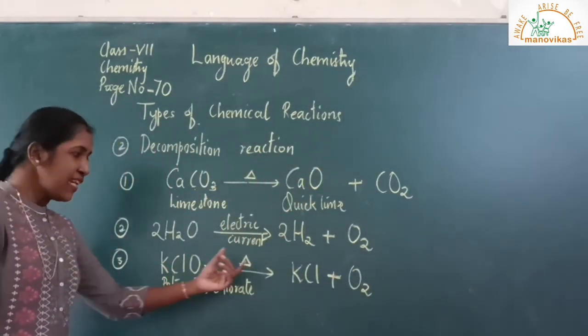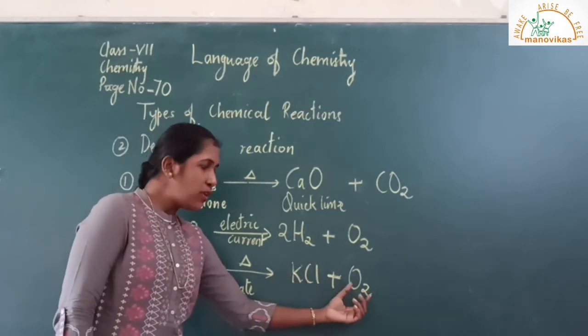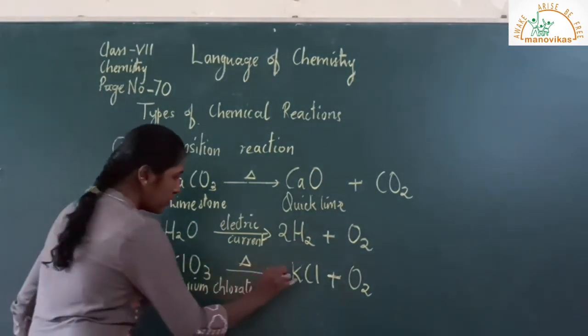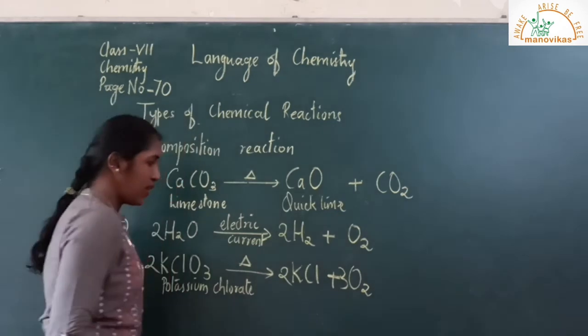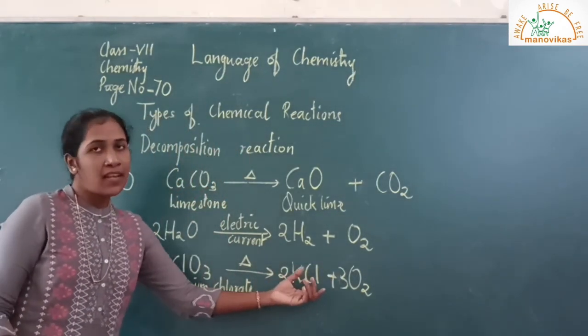Okay, you will get KCl, that is potassium chloride, and you will get oxygen gas. So this equation has to be balanced. So now it is balanced. The balancing, we are going to study it later.